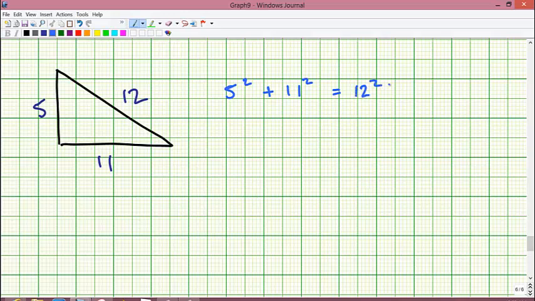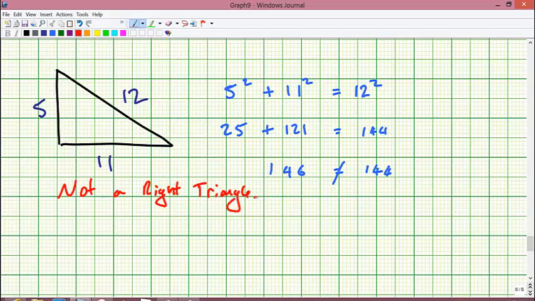Let's see if that's true. 25 plus 121 equals 144. Put these two together: 146 equals 144. This is clearly not true. So we say it's not a right triangle.